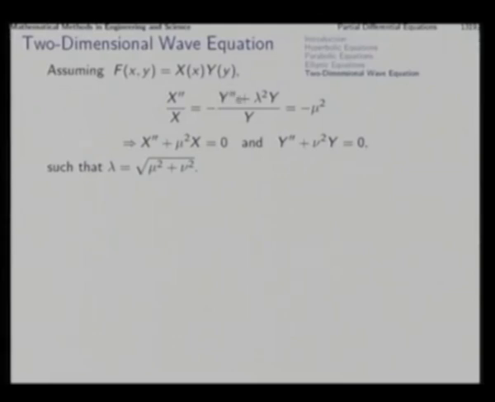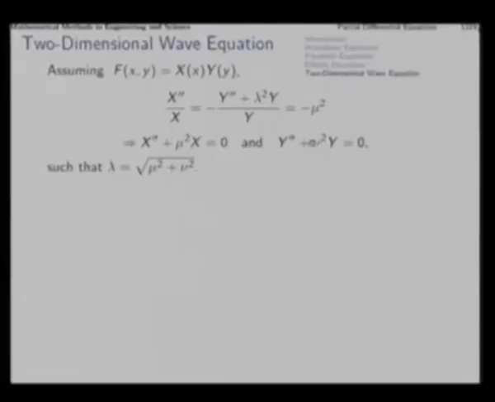On the other side, when we equate these two, we find that the negative sign gets cancelled, and we get Y double prime plus lambda square Y equal to mu square Y. That means, Y double prime plus (lambda square minus mu square) into Y, and that lambda square minus mu square has been denoted here as nu square, which basically gives us a representation of lambda in terms of mu and nu.